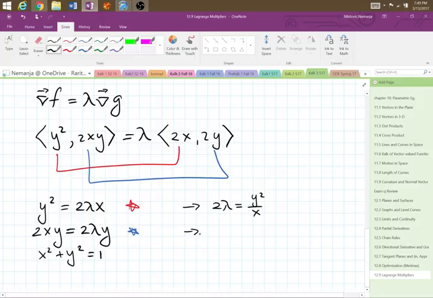And from the bottom equation, 2 lambda is equal to just 2x, because y divided by y is 1. So when I equate these 2 equations, I get y squared over x is equal to 2x, from where y squared is equal to 2x squared.